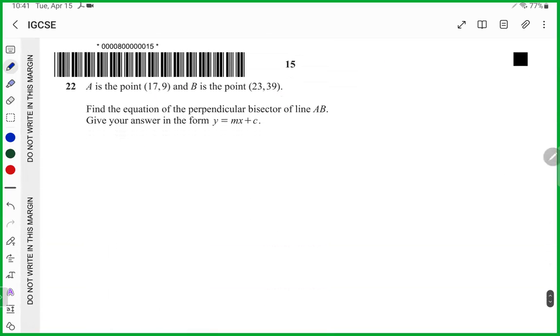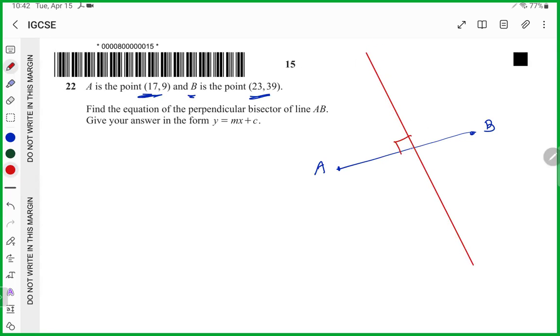Okay, next is question number 22. A is the point (17, 9), and B is the point (23, 39). Find the equation of the perpendicular bisector of the line AB. So this is A and B, and this is the perpendicular bisector we are looking for. For that, we need a midpoint and slope, right?